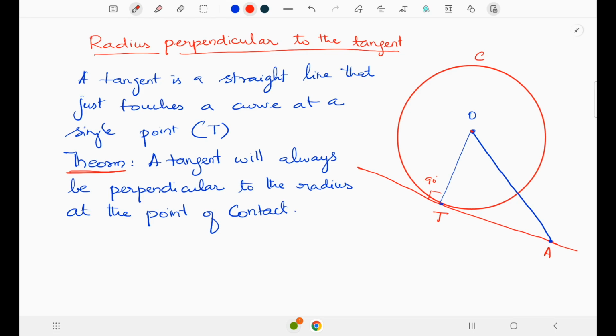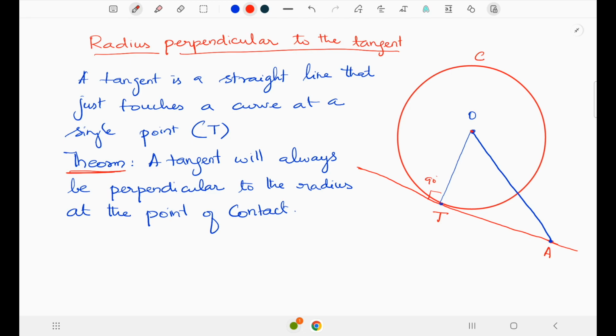Suppose you are given the center point, say this is the center point O of the circle, and any point on the circumference, it is possible to derive the equation of the tangent.